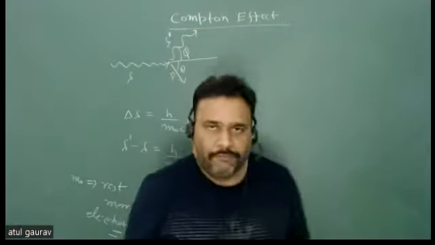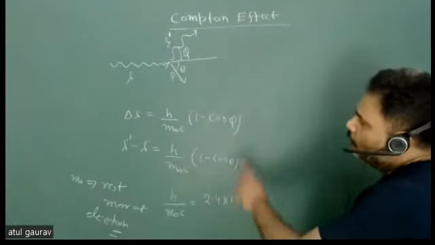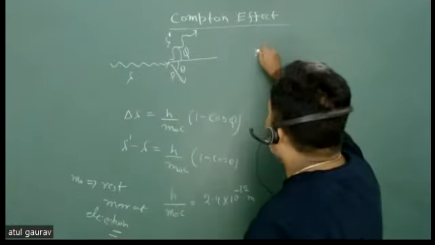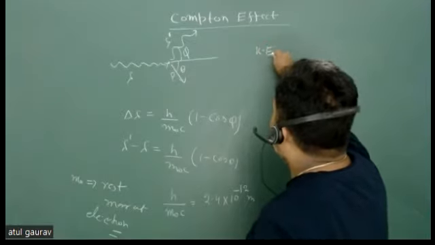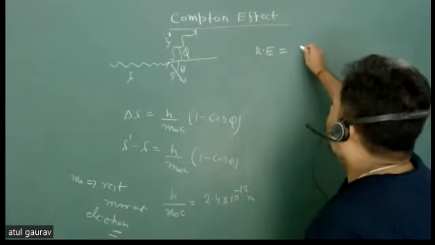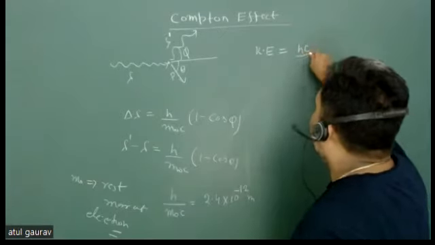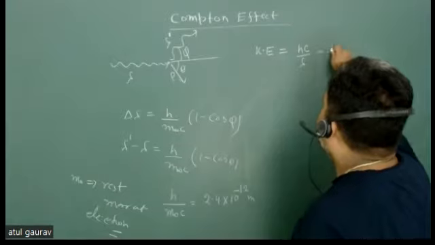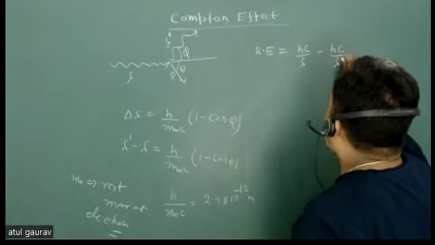And a very interesting thing: what will be the kinetic energy of the recoil electron? We have already calculated that it is hc upon lambda minus hc upon lambda dash.